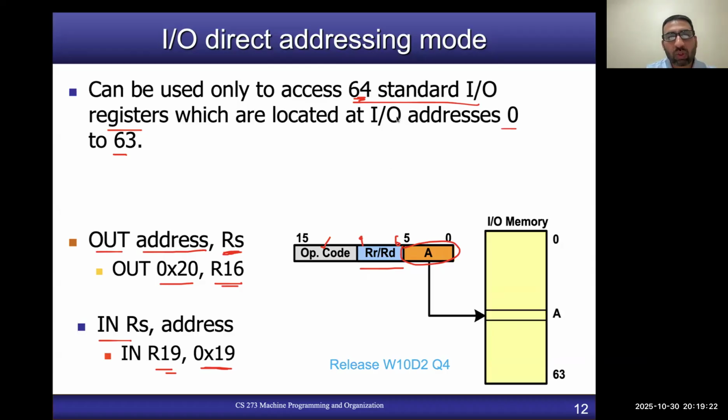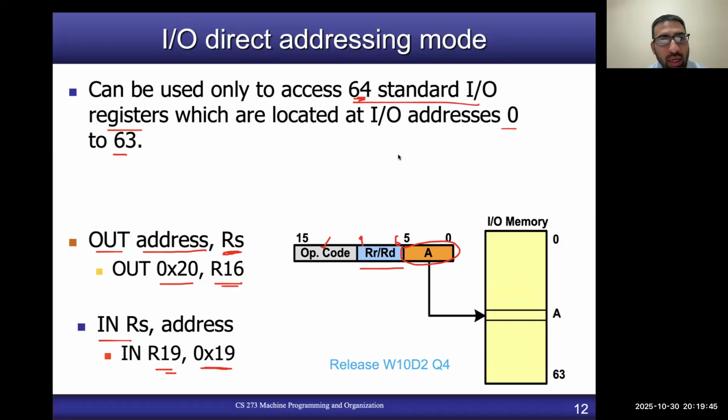Okay, so first question, select instructions that use two register addressing mode. The only instruction that uses two register addressing mode is add R16 and R17, right? And second question, select instructions that use direct addressing mode.